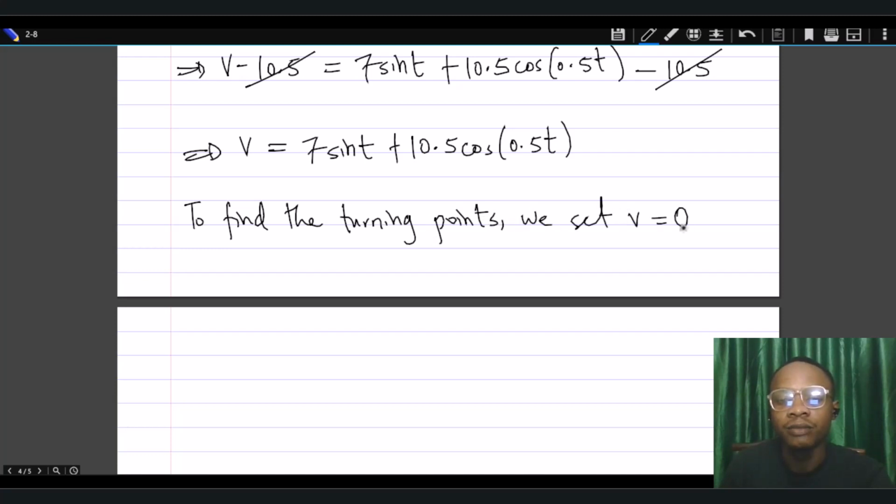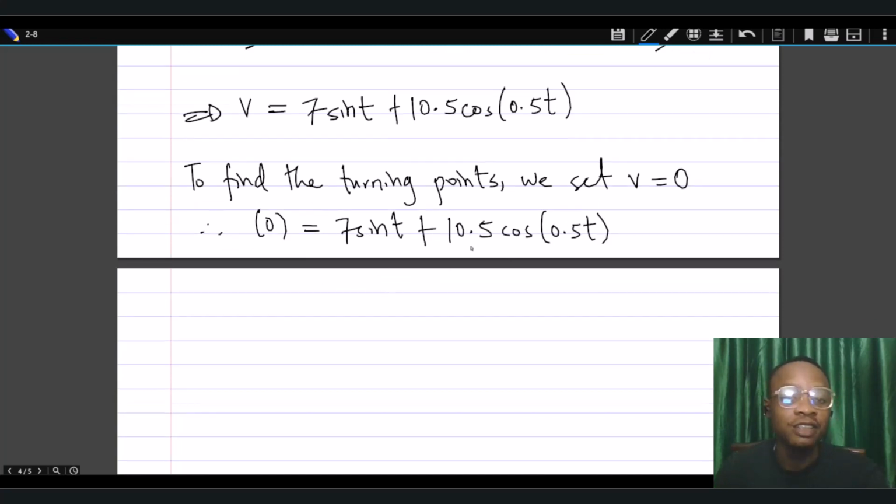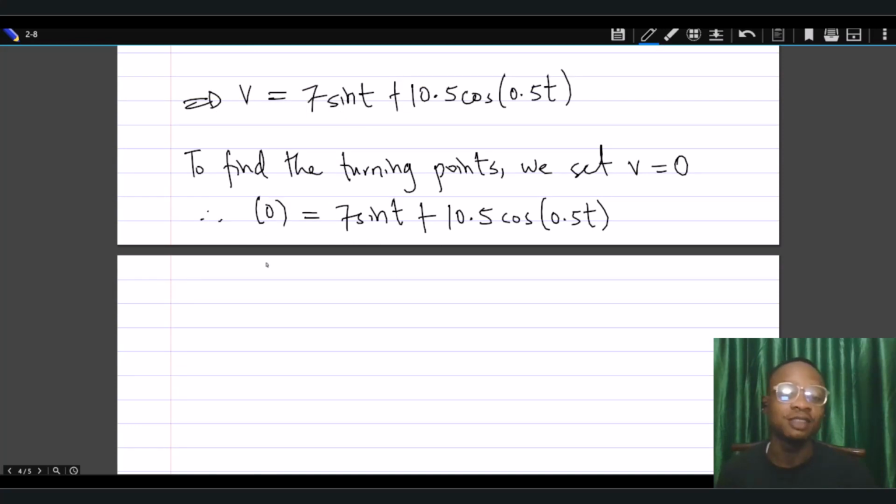Therefore we have 0 equals 7 sin t plus 10.5 cos 0.5t. We need to find, by solving this equation, the time at which the velocity is zero. That will give us the turning point of the body.